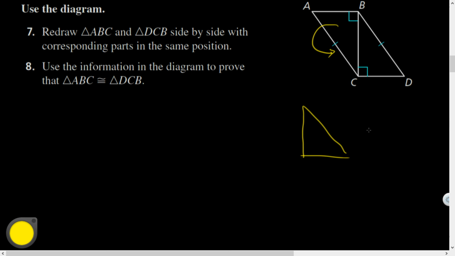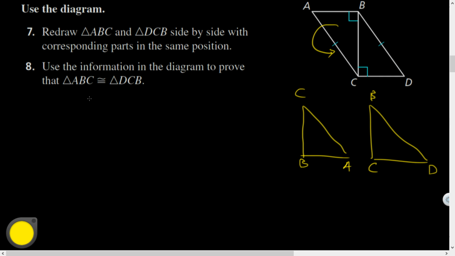I'm going to draw these like so and like so. And so A would be down here now, B would be over here, and C would be up there. If I rotate that, 180. And for this triangle, it's the same position, so B, C, and D. All right, so sometimes redrawing can help us. You don't always have to do it, but it would be beneficial if you could.